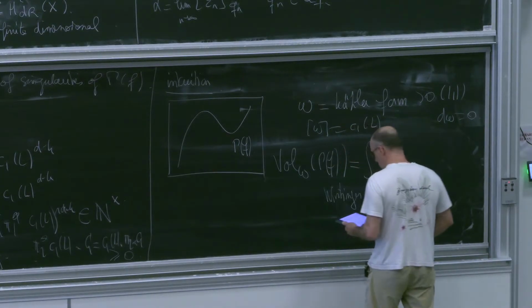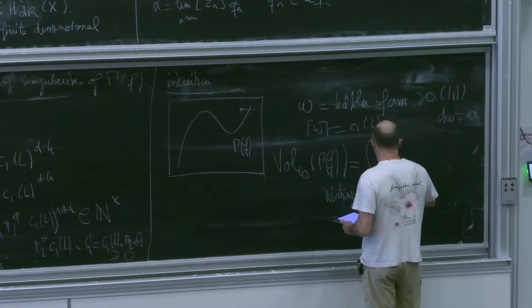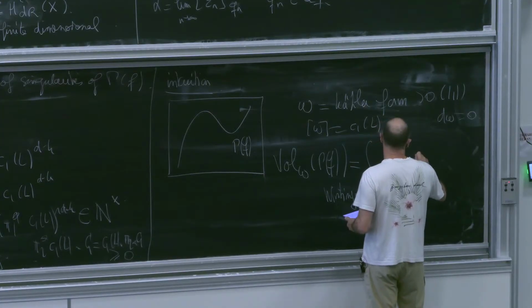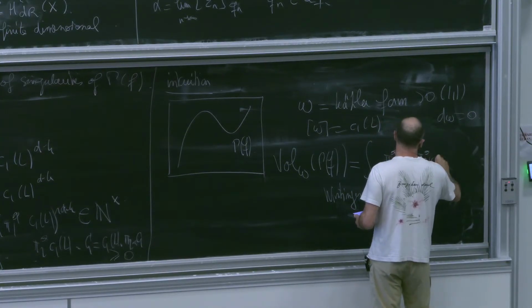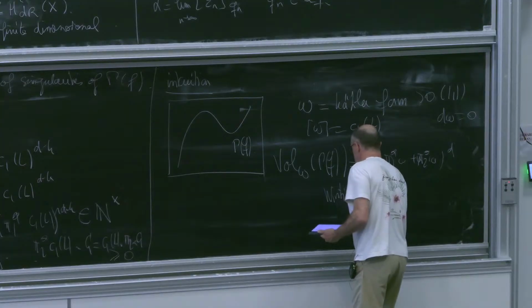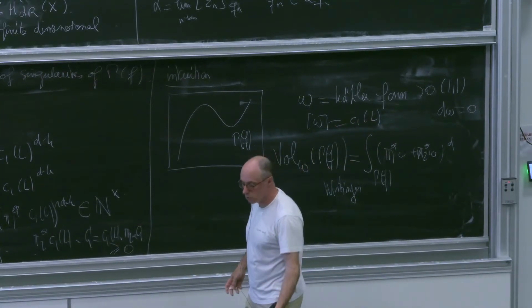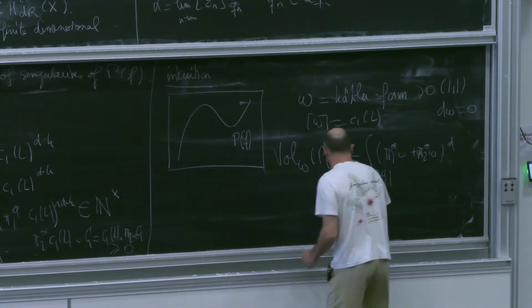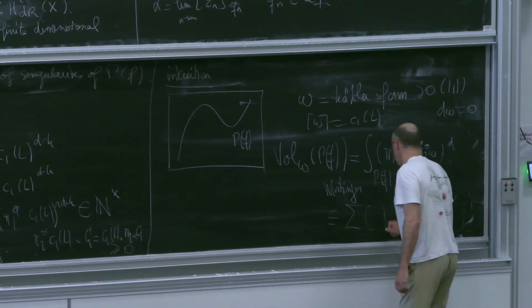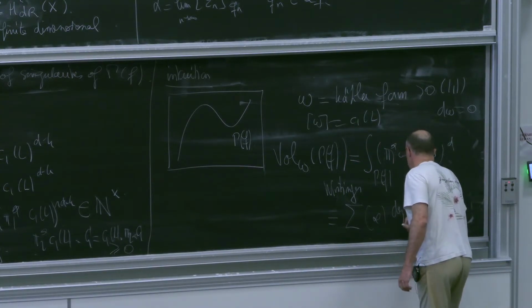It's by Wirtinger. So this is the integral over the graph of pi 1 star omega plus pi 2 star omega to the power d. And so this is a linear combination. I'm not going to make the computation precisely, but this is a positive linear combination of the degrees.